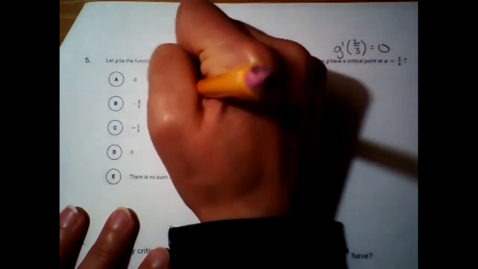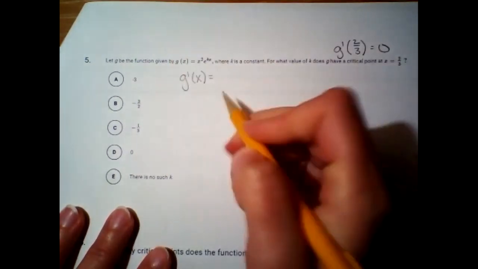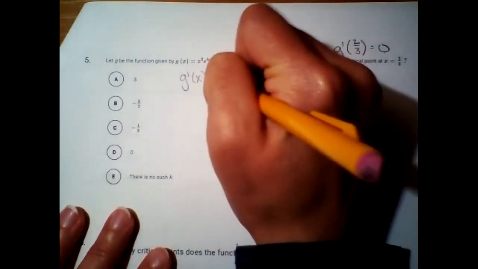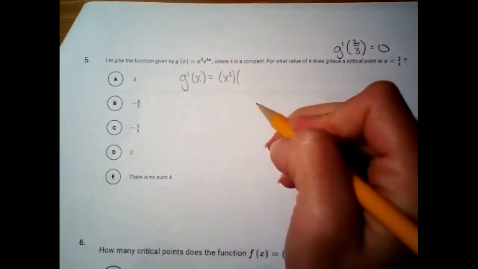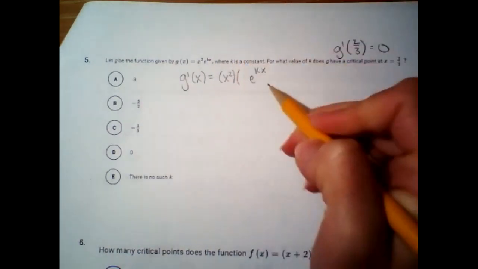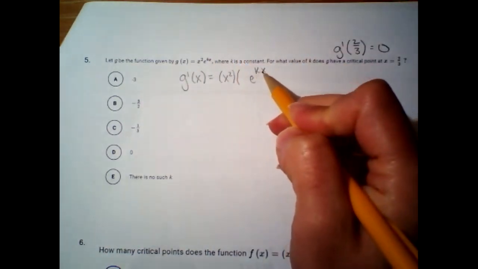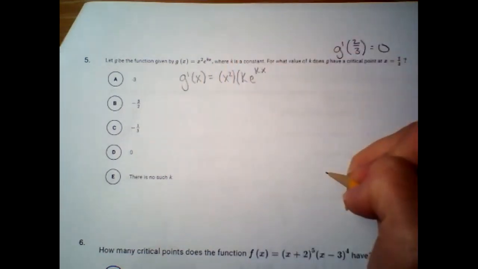So we're going to have to find the derivative, and that's going to be a product rule. So it will be the first thing, x squared, times derivative of e to the kx. That's going to be e to the kx. And then there's a chain rule. You have to multiply on the derivative of kx, which would be k. So I'm just going to put that out front.